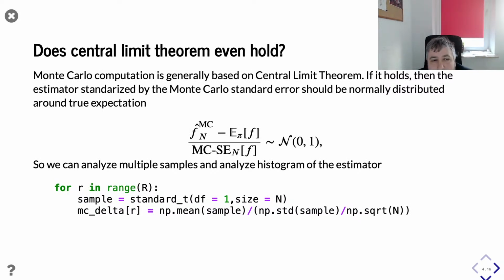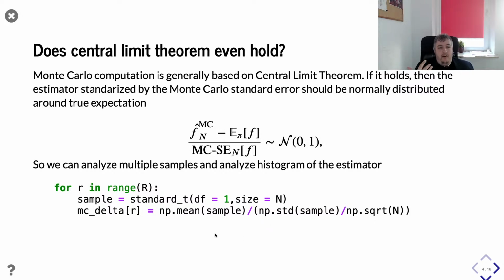And so, does the central limit theorem even hold in this case? Because we were using the central limit theorem to justify the behavior of our estimator, which is generally approximately normally distributed, centered on the expected value.